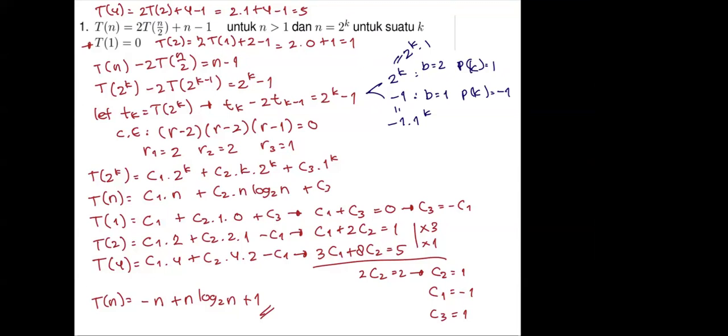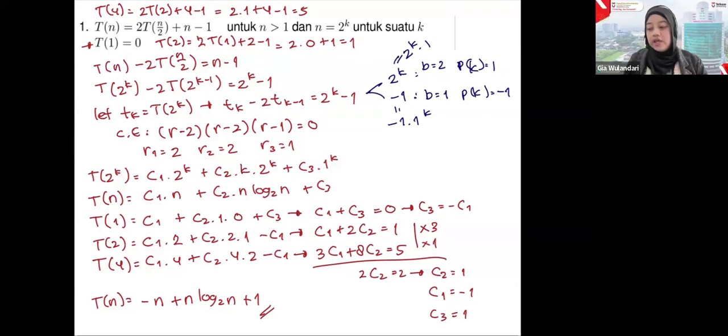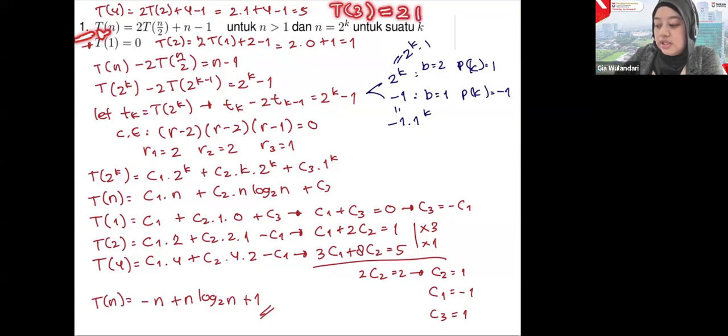I want to ask, why do we use four instead of three? I still don't understand. Okay, so here actually we assume that n is power of 2, right? If we use 3, it is not power of 2. And the second, if we have T3, then from the initial problem, we will have T3 is T3 over 2 plus 3 minus 1, right?